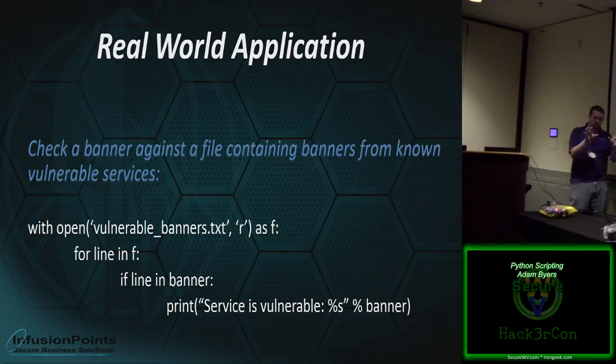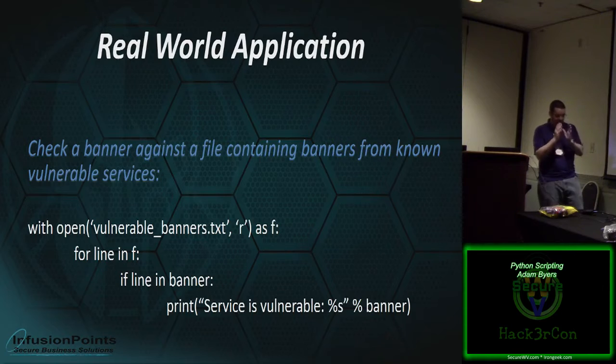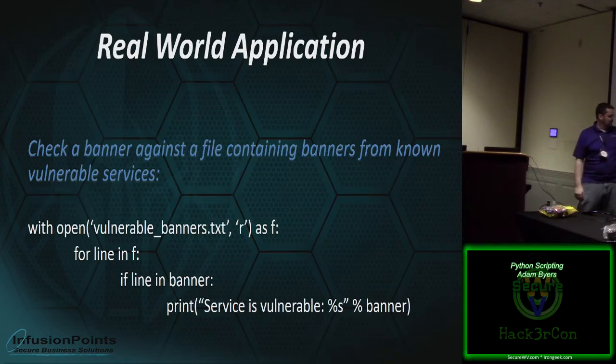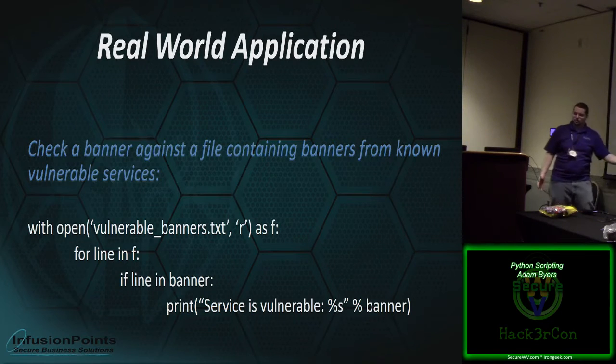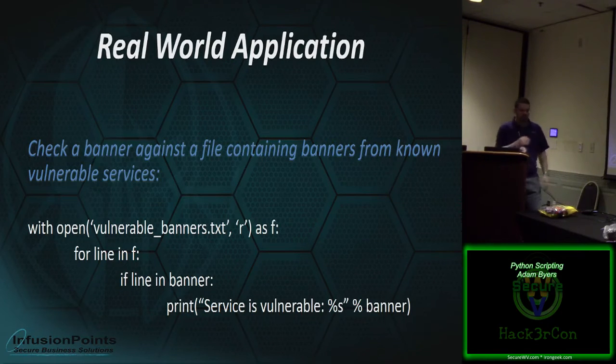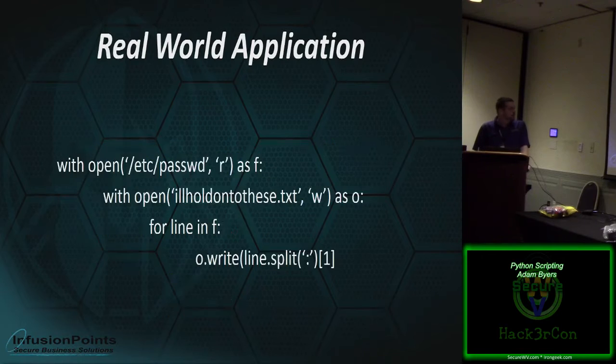So you're taking the description part of that because you're splitting it by those three colons. And then say, if the vuln is in banner, then print service is vulnerable and have the description there. So we know what the vulnerability is. So it's not just, hey, it's vulnerable. Well, guess what's vulnerable, right? It's literally guessing. This is one I like to use just on the fly.